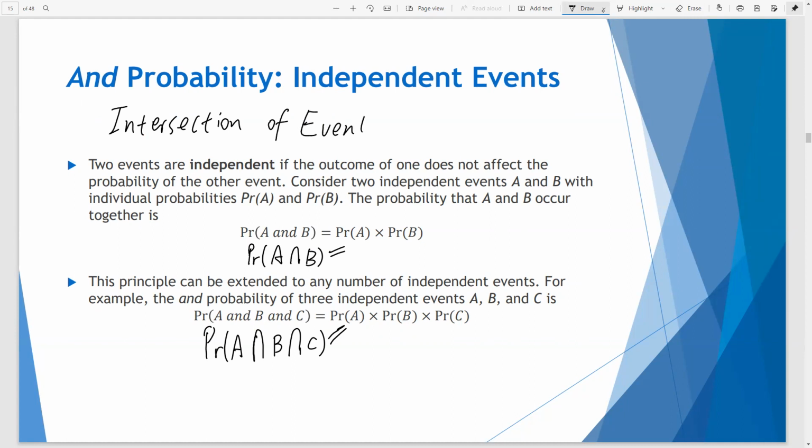No matter whether they are independent or whatever, they are intersection events, right? Independent just means they don't affect each other.